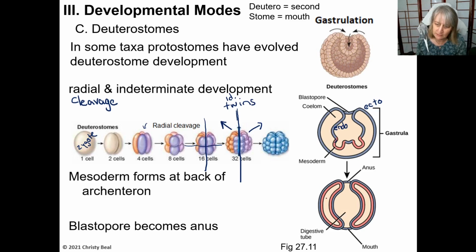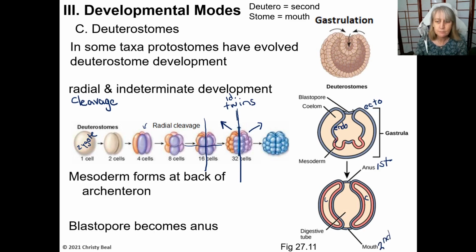And then it creates the coelom here. These are the coela. And this is a cross section of this animal. It's not two sides. These are connected to each other around the back. It's just not clear. And finally, in deuterostomes, the anus develops first, the mouth develops second, the blastopore becomes the anus.